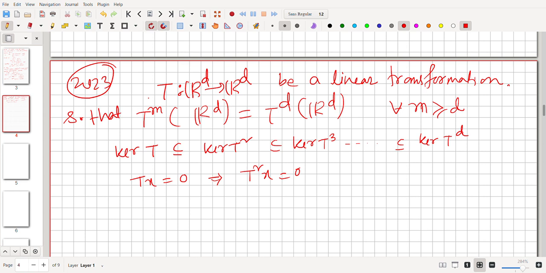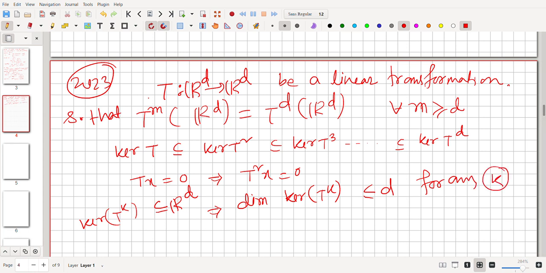Now observe that the kernel of T to the power k is inside R to the power d. That implies the dimension of the kernel of T to the power k, for any k, is less than or equal to d.